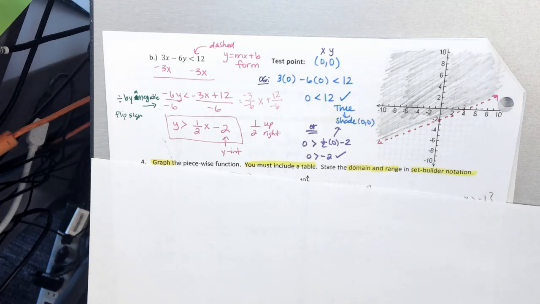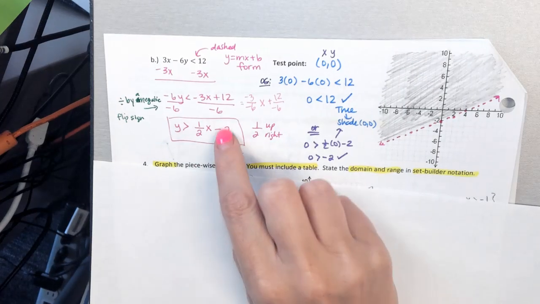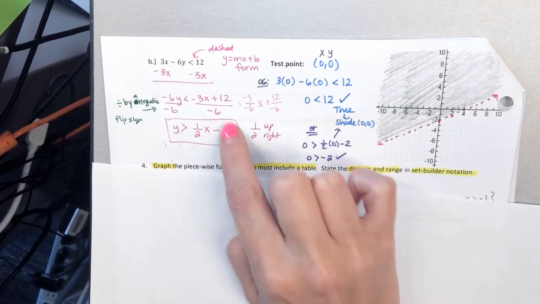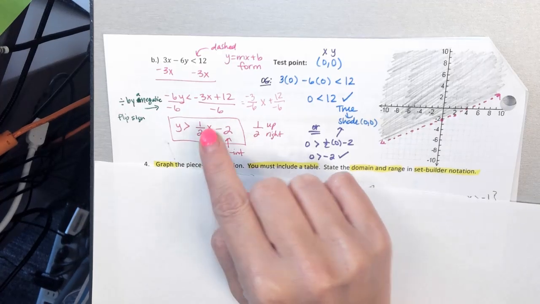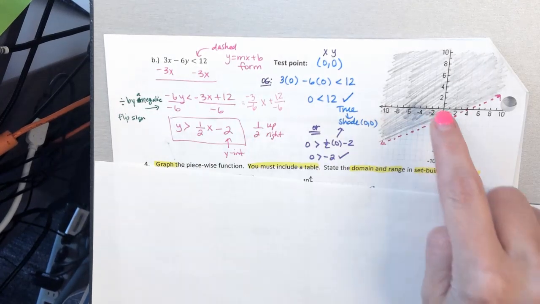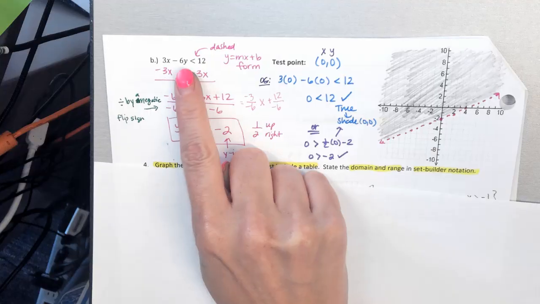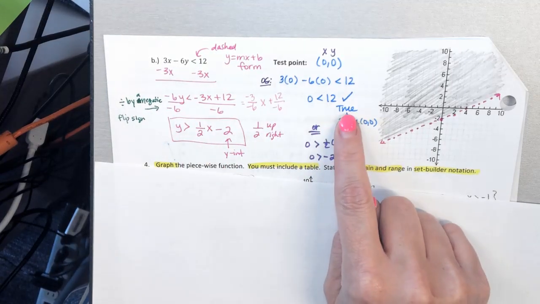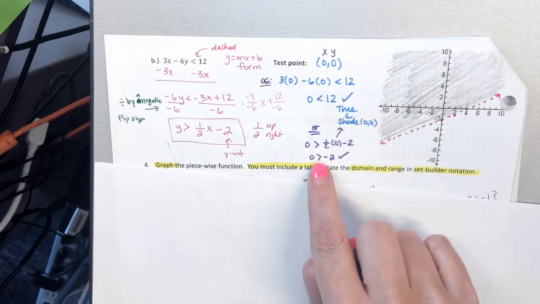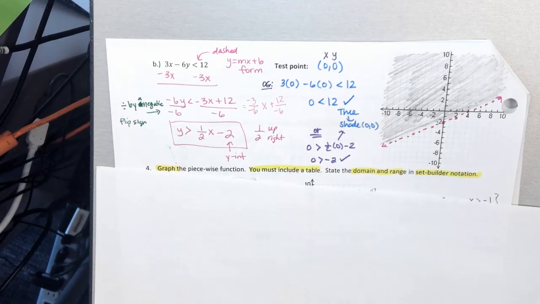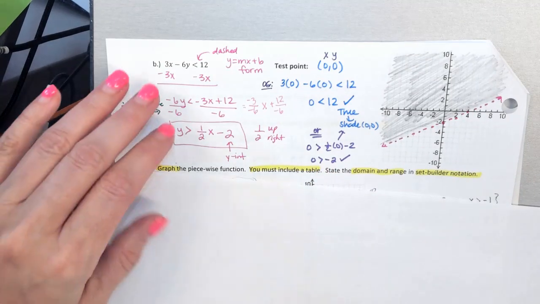And another good thing too, if you want to verify that you did this correctly, you should get the same shaded region. So if you were to plug in 0, 0, and you got true here and then false there, then you know that you didn't solve it correctly. That could help you troubleshoot.